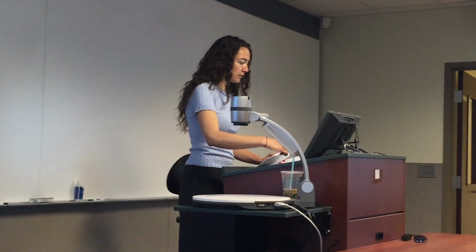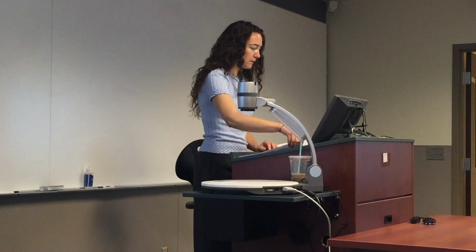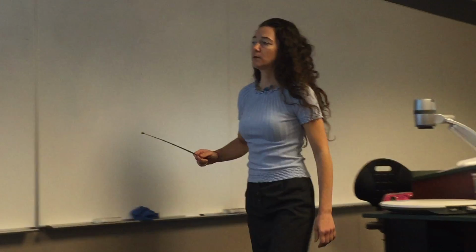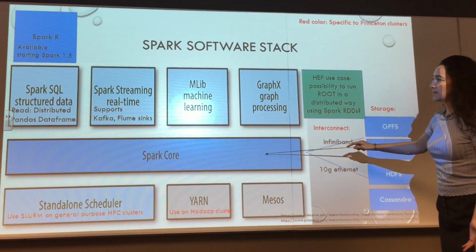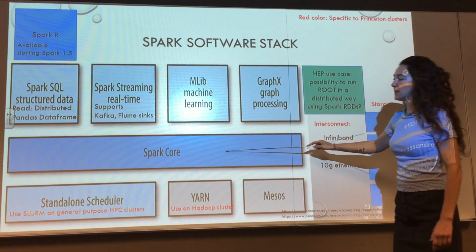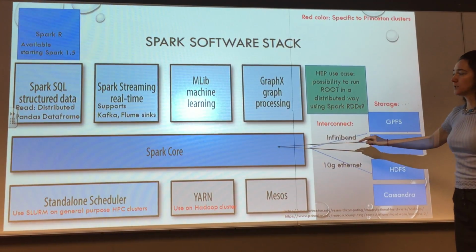So this is the Spark software stack. We mentioned the core is where these resilient data storage partitions are created, and it provides the APIs for storing data and code into these RDDs.